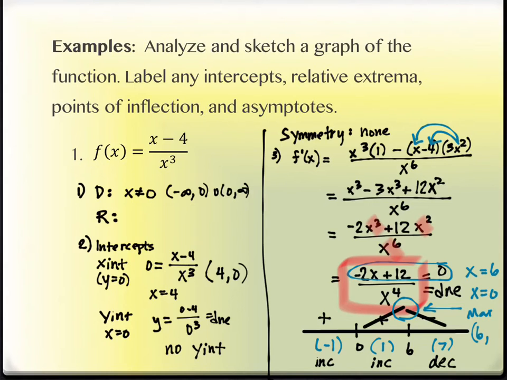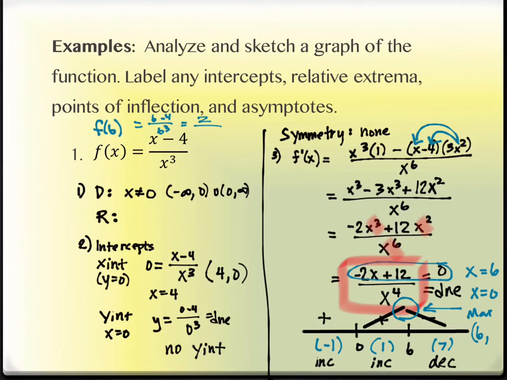Back in the original function. So if I take my original function and I put in 6, 6 minus 4 gives me 2 over 6 cubed. What's 6 cubed? I don't have it written down.